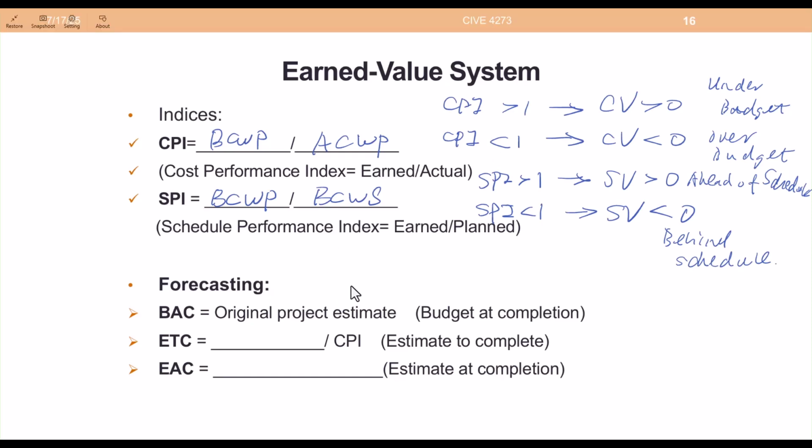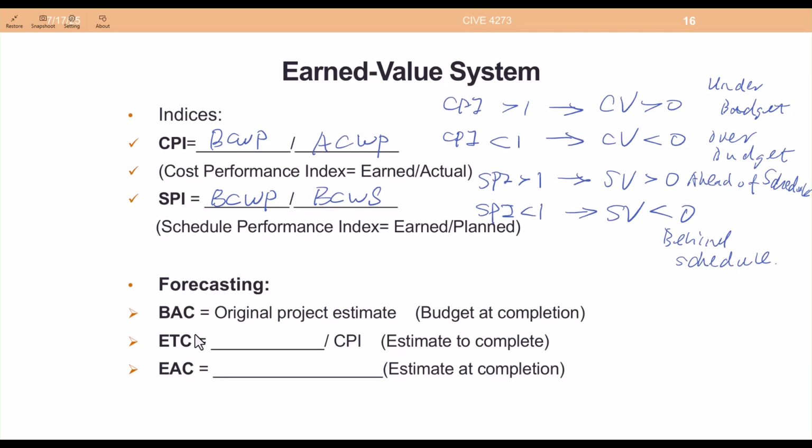Forecasting: we can also use the earned value system to help us forecast our cost. For the original budget, we call it BAC, budget at completion, the original project estimate. And then there's ETC. ETC is called estimate to complete, which is the estimate to complete the remaining portion of the work.